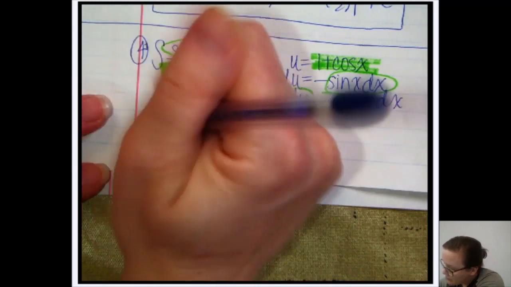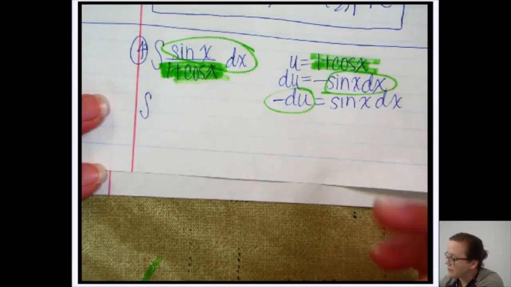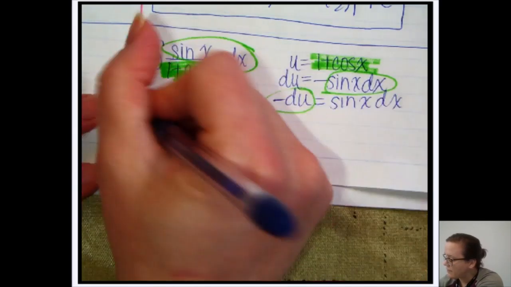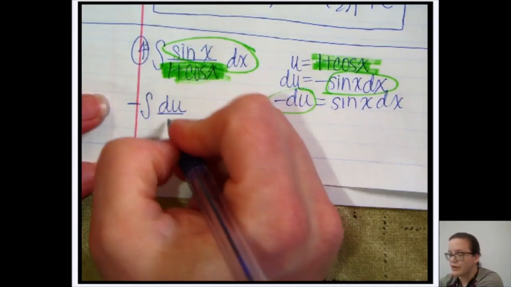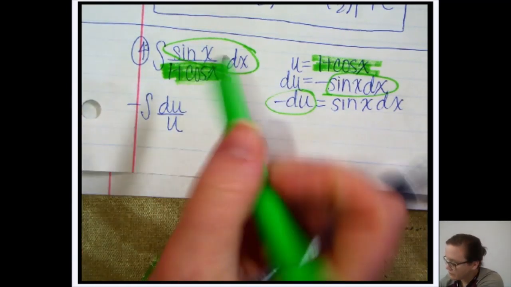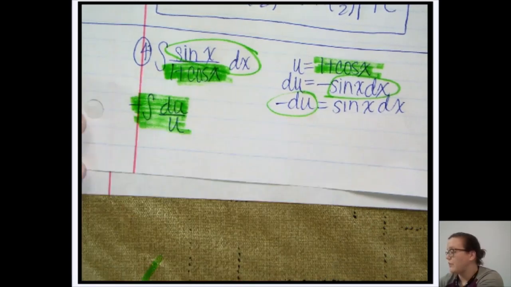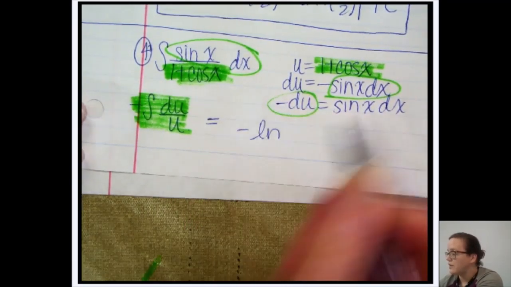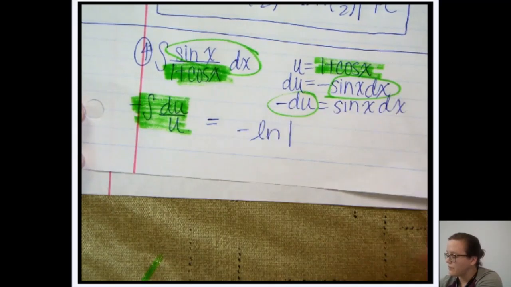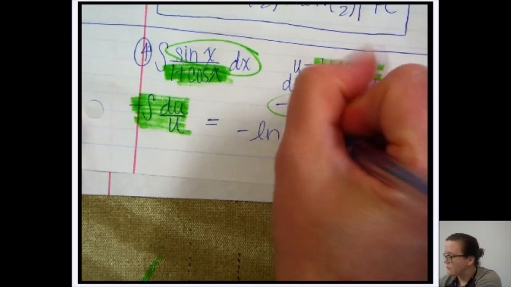Okay, so if we go replace here, we get sine x dx is negative du. And then 1 plus cosine x was our u. Okay, and so this is what we just got done doing the past couple days. So this is natural log of the absolute value of u plus c.